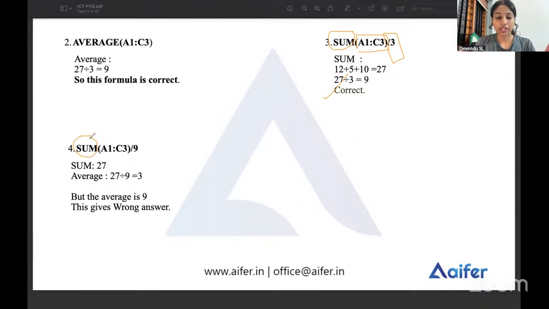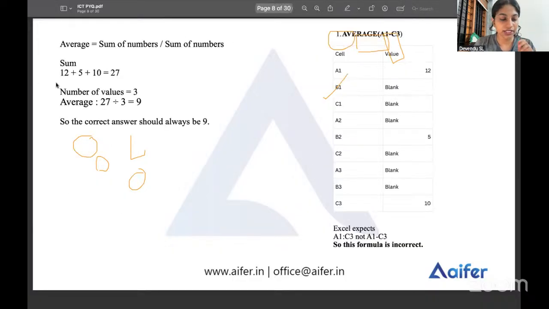So we add 12, 5 and 10 and get a sum of 27, which is then divided by 9. So 27 divided by 9, we only get 3. So we do not get the average. The average should be 9, right? The correct answer should always be 9.